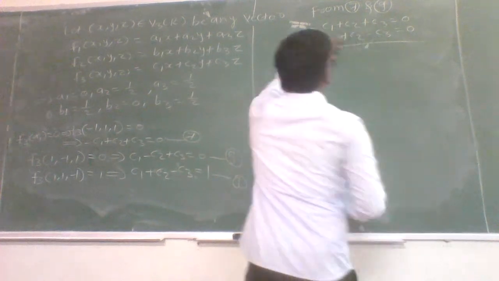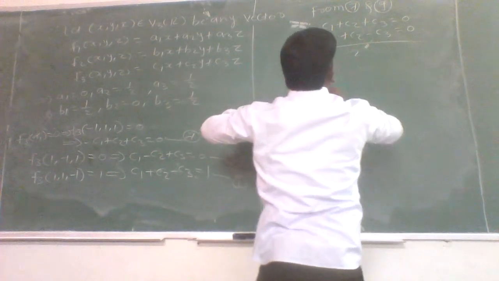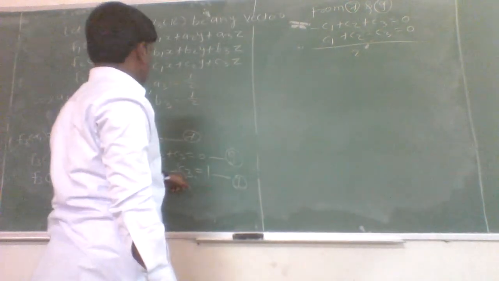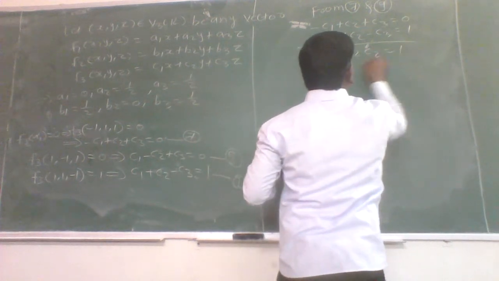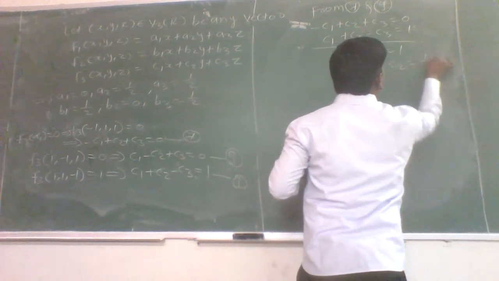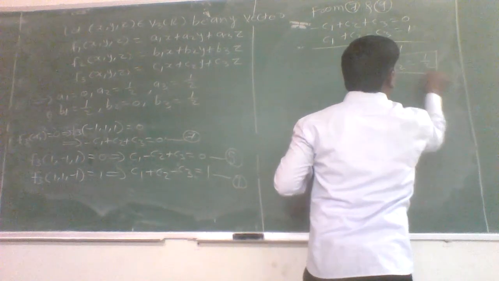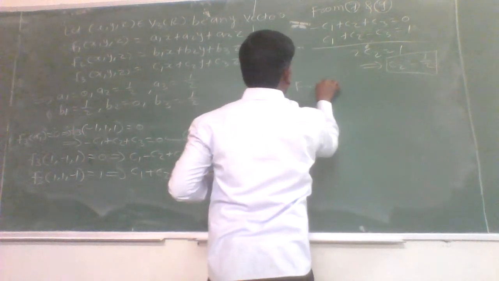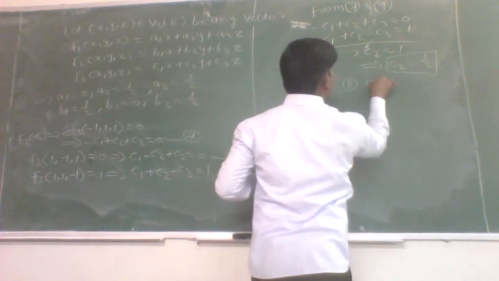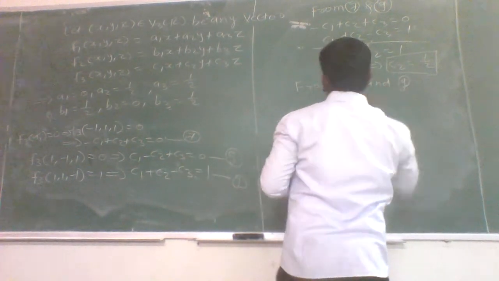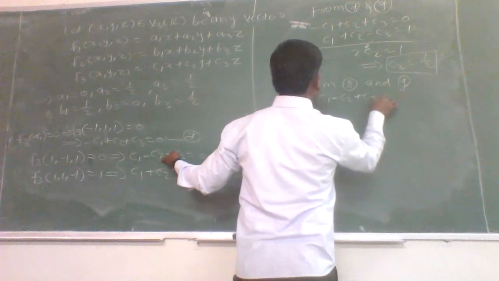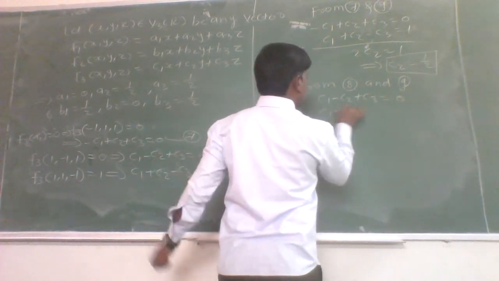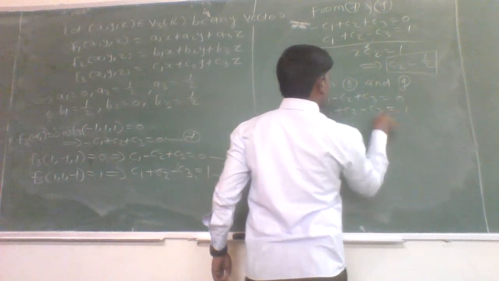Now adding these two, we get 2C2 is equal to 1, which implies C2 equal to 1 by 2. And from 8 and 9, C1 minus C2 plus C3 equal to 0, C1 plus C2 minus C3 equal to 1.